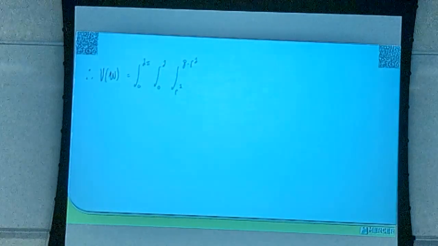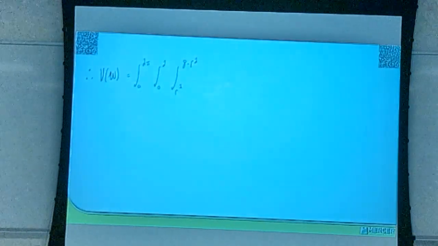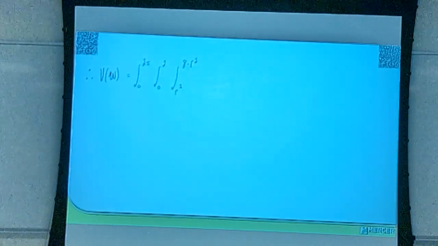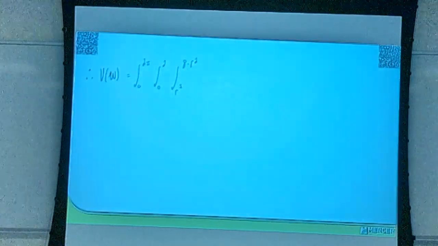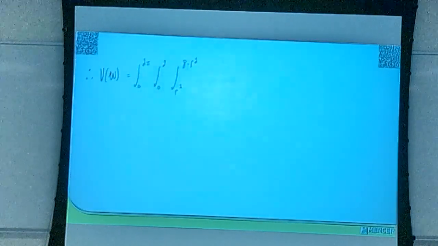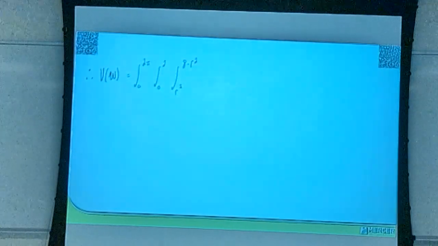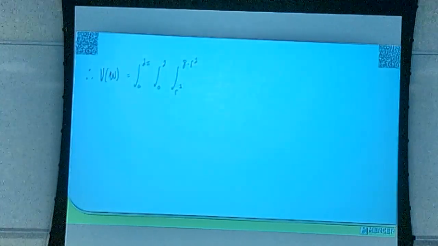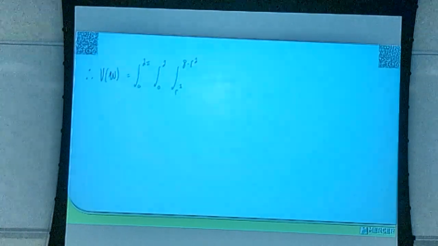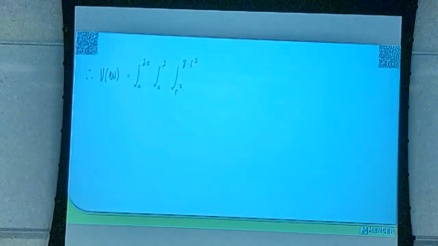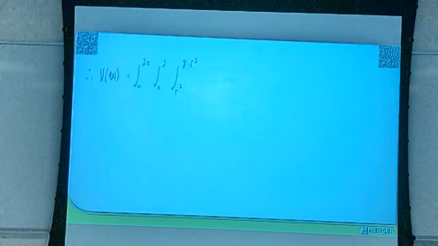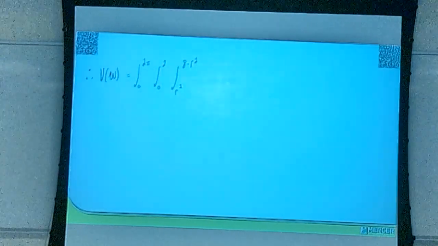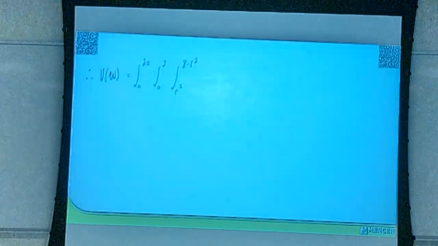So the integrand is just 1, so that's easy. What is the volume differential in cylindrical? So what is dV in cylindrical?